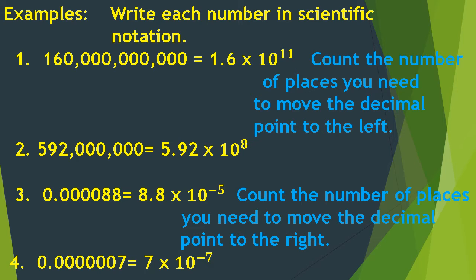Next, number 4. 0.0000007. So there are 6 zeros.